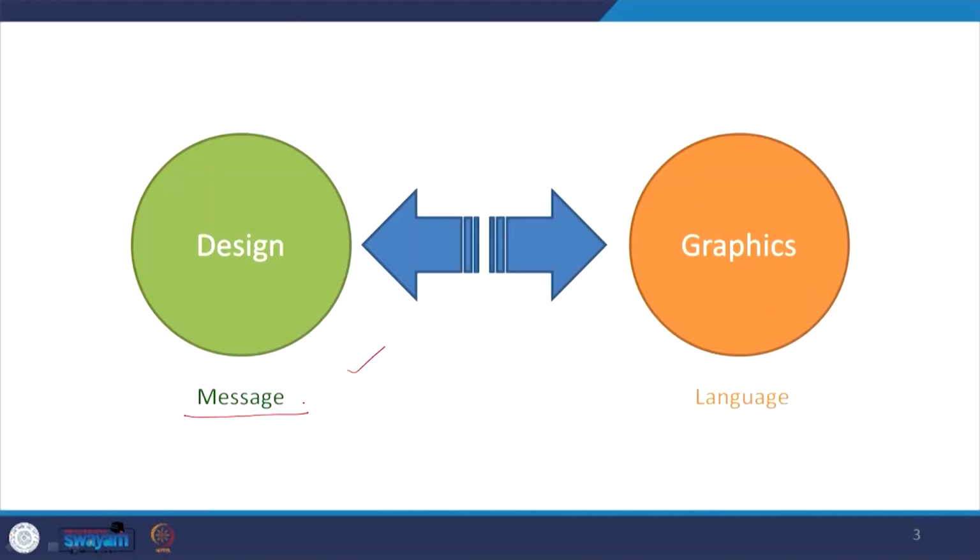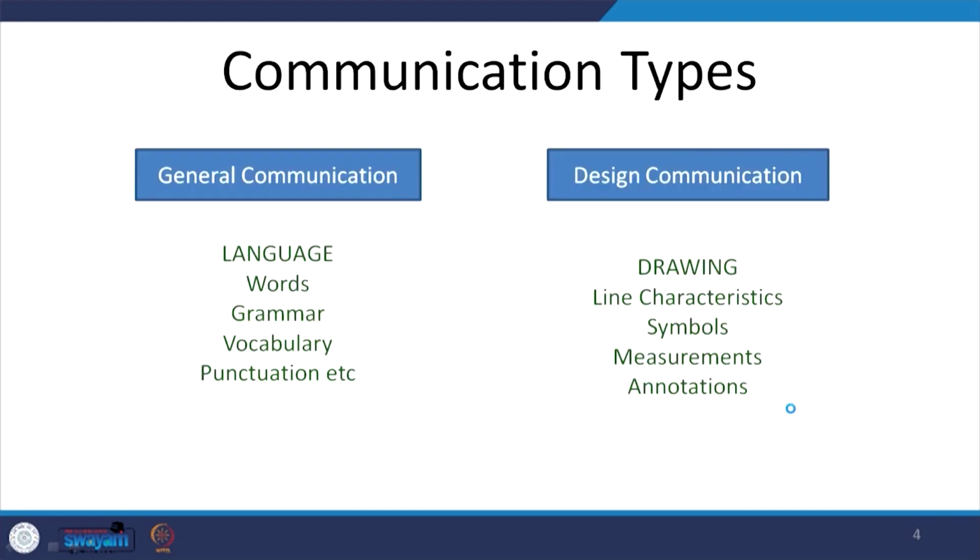I am conveying my idea through a language that is heard, composed of words and sentences. I could do the same thing, or mix both, with the help of this. I have a circle drawn here, and I tell you that design is a message and graphics is the language to communicate that message. So it is basically a language, and it is used to communicate.